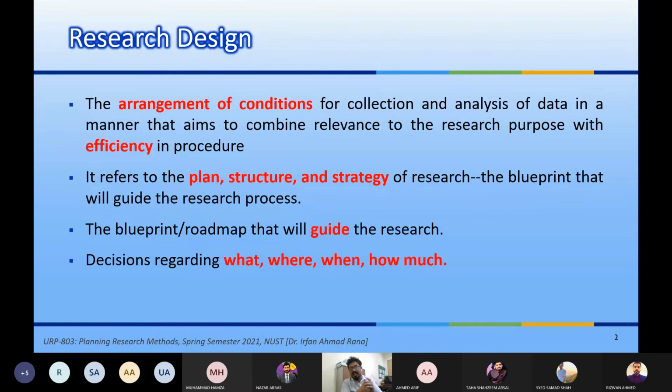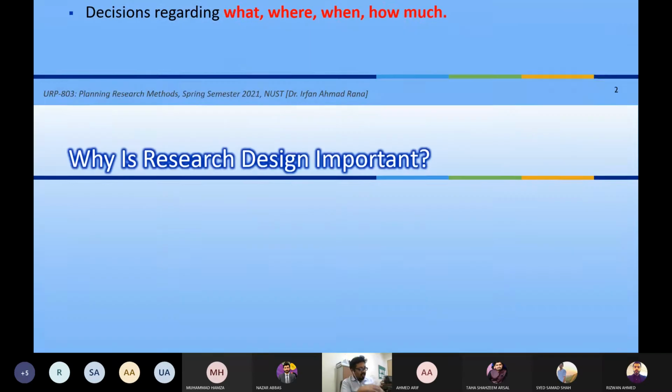Now, this research design will ultimately help us in deciding what to do, where to do it, when to do it, and how much we need to do. So research design is a kind of research methodology or a strategy.